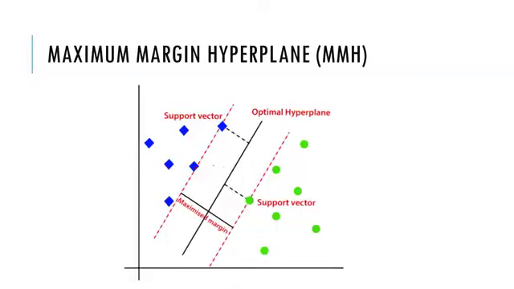Okay, so let's suppose you have one point here, which is your green color. Now the convex hull would be something like this.